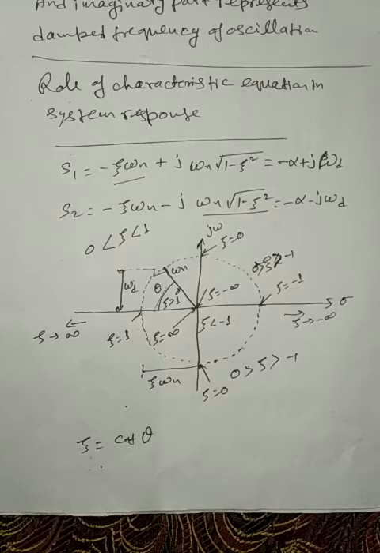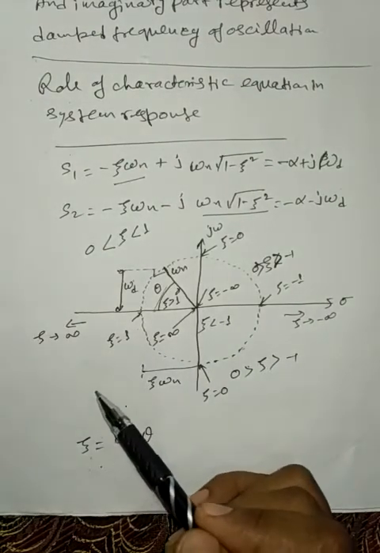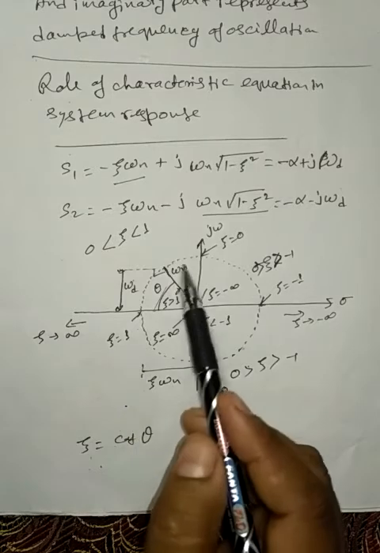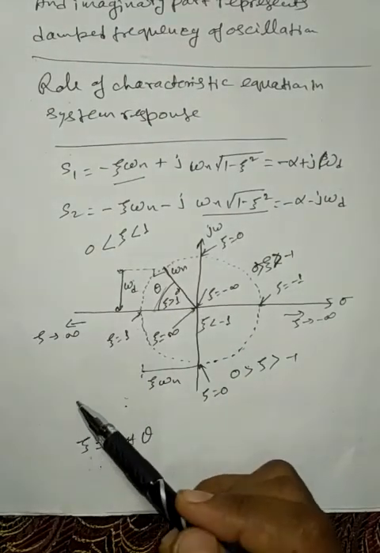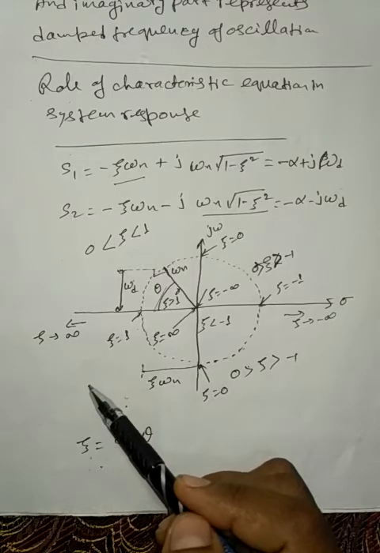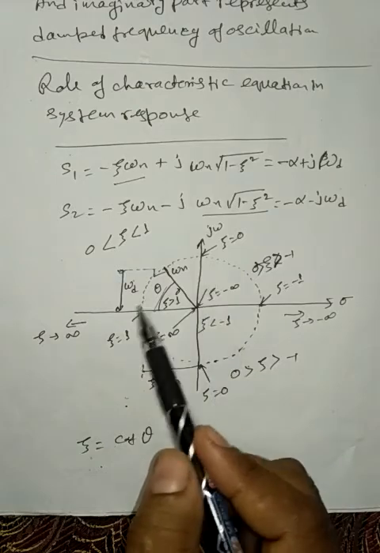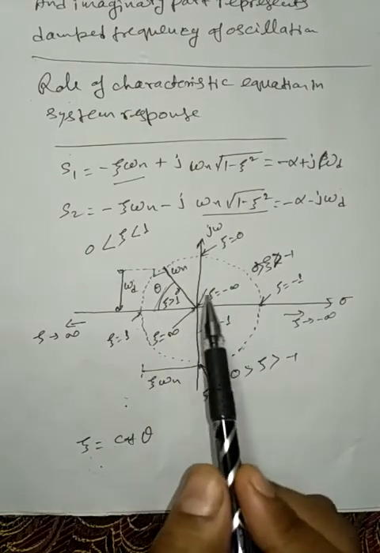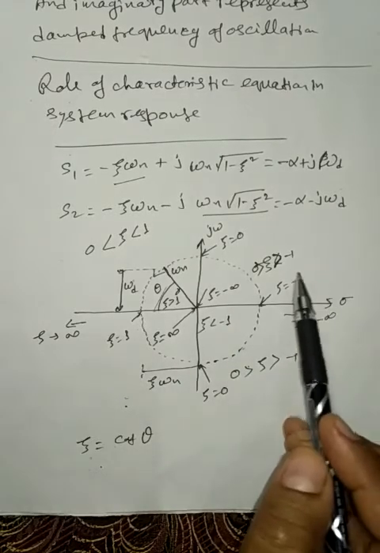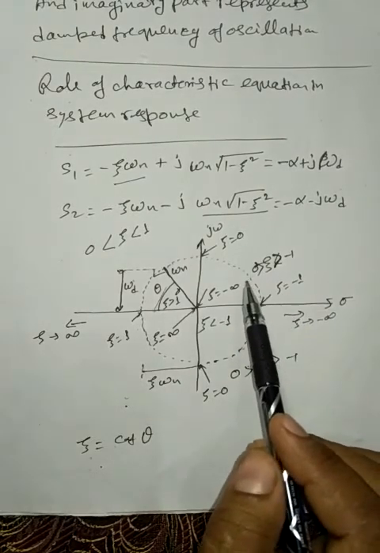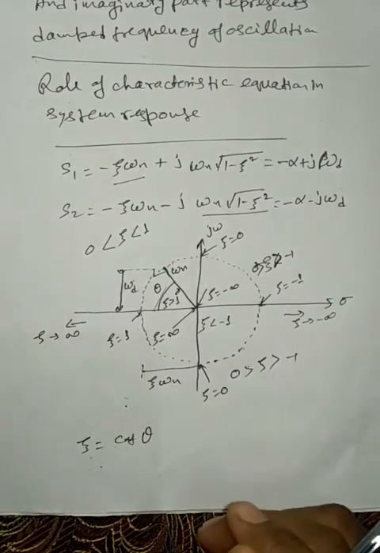So the left half of S plane corresponds to positive damping. That is when zeta is positive, means 0 to 1, and right half is for negative damping, that is zeta less than 0 and greater than minus 1.